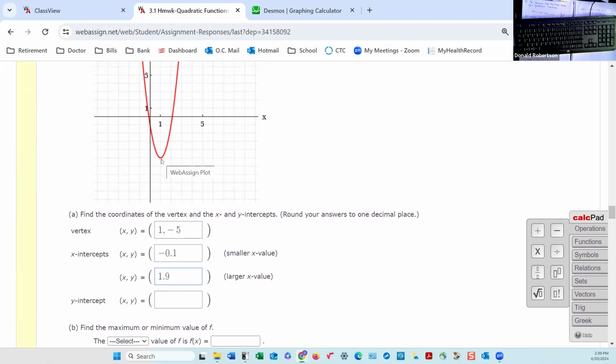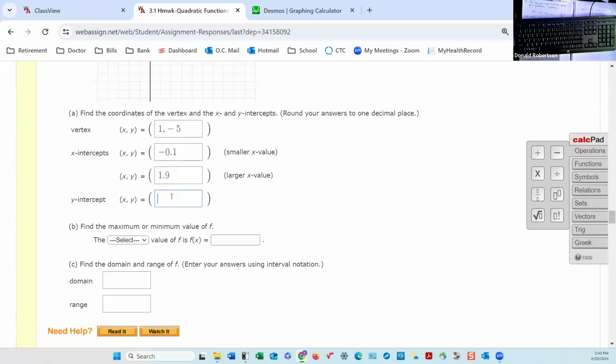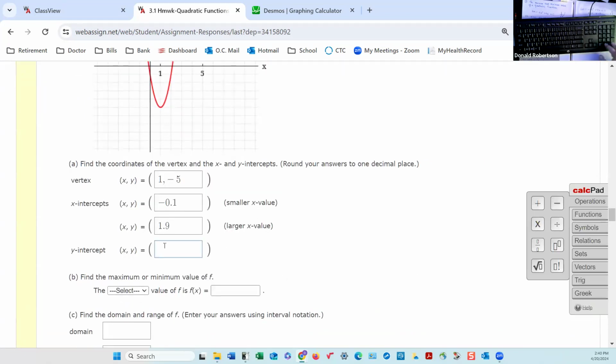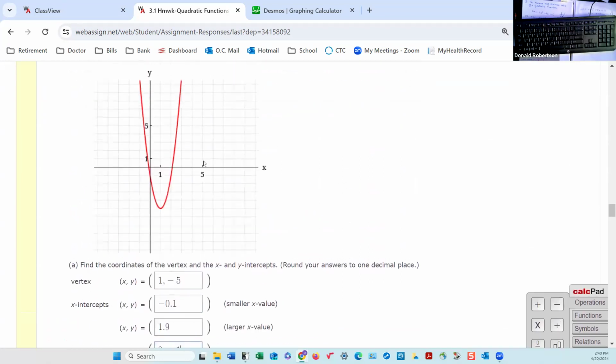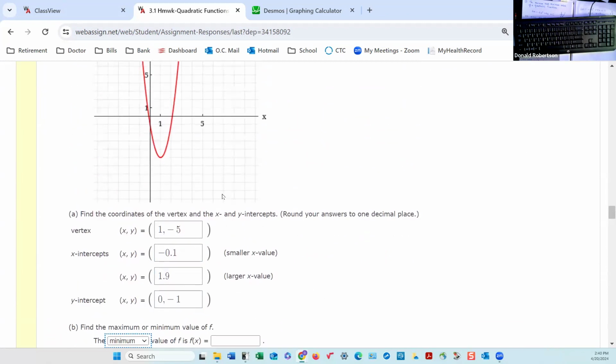Now find the maximum or minimum value. It's quite clear that this function has a minimum value. Let's do its y-intercept first. That's easy to do, negative 1. So 0, negative 1. Now that shape is a minimum, so you choose minimum.